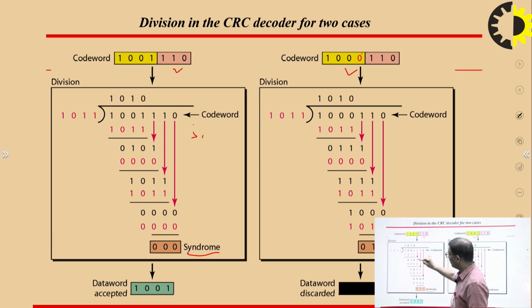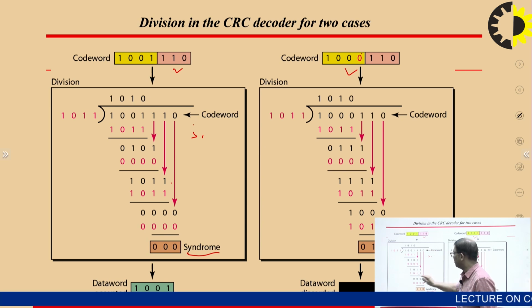Then put 1 from here. Again, because there are 3 bits only and there are 4 bits, you cannot apply XOR. So another bit is brought down, 1011, 1011, then again 0. So there are rules.